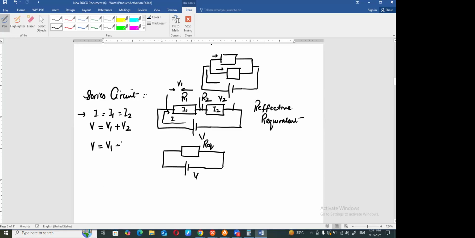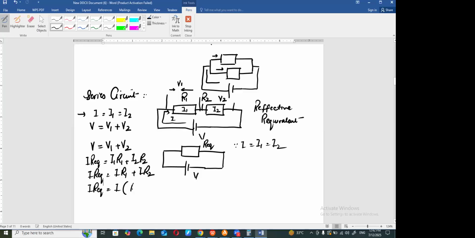You can use the formula V is equal to V1 plus V2. Instead of that, V is I R equivalent, this one is I1 R1 and this one is I2 R2. And we know that I is equal to I1 is equal to I2, so I R equivalent is equal to I R1 plus I R2.